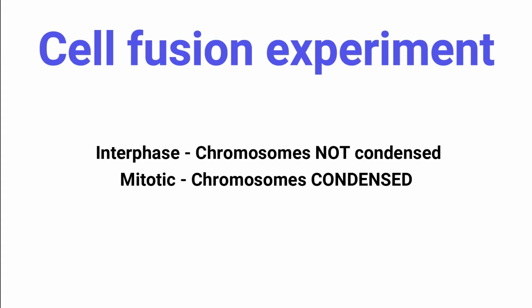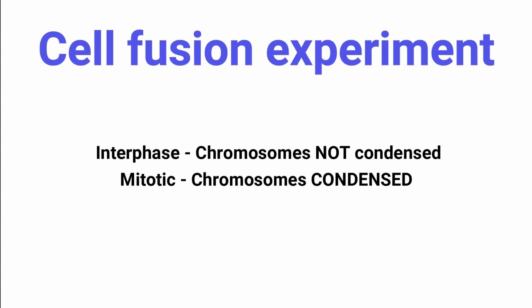When interphase cells in the G1, S or G2 phase fuse with cells in mitosis, what happens? The interphase cells' nuclear envelopes retract and chromosome condensation occurs.